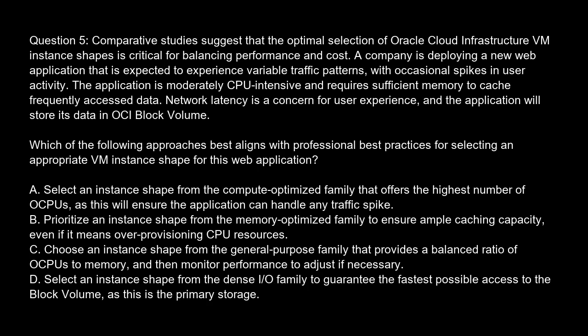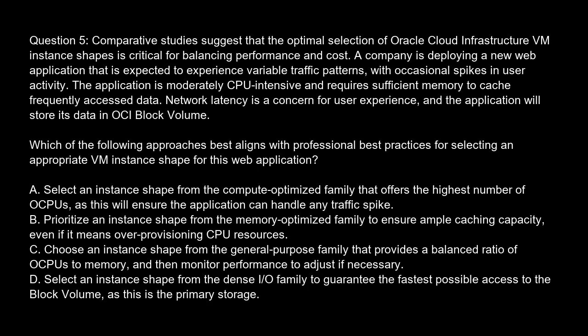Which of the following approaches best aligns with professional best practices for selecting an appropriate VM instance shape for this web application? Option A. Select an instance shape from the compute-optimized family that offers the highest number of OCPU, as this will ensure the application can handle any traffic spike. Option B. Prioritize an instance shape from the memory-optimized family to ensure ample caching capacity, even if it means over-provisioning CPU resources.